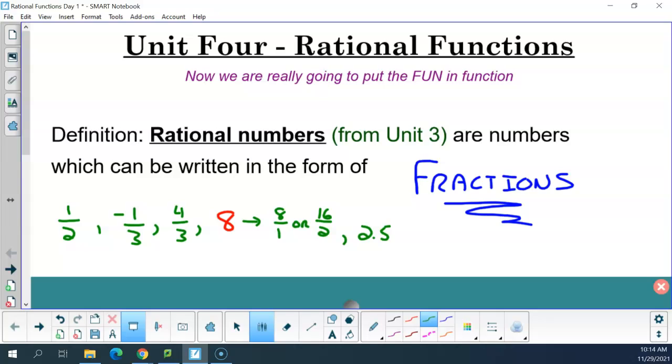But what's wrong with that? 2.5/1 doesn't work because we can't have a decimal in a fraction like that, right? Now we'll go 5/2. It just can't be 2.5/1.